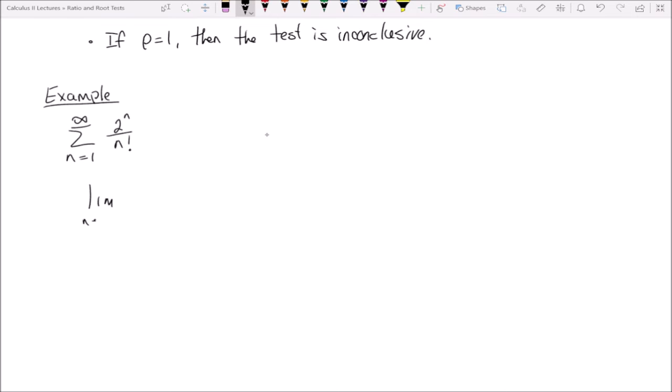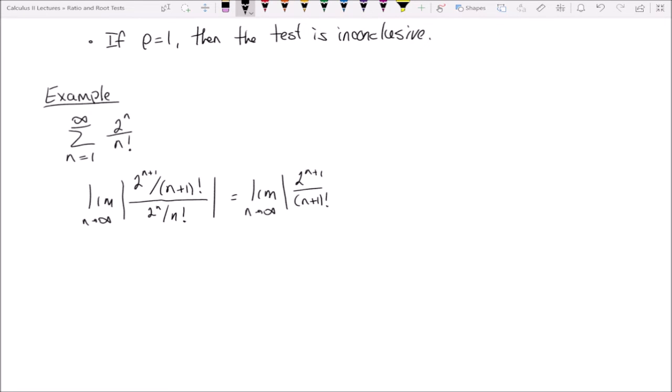Limit as n approaches infinity of the absolute value of 2 to the n plus 1 over n plus 1 factorial, all over 2 to the n over n factorial. Right, so this would be the limit as n approaches infinity of the absolute value of 2 to the n plus 1 over n plus 1 factorial times n factorial over 2 to the n.